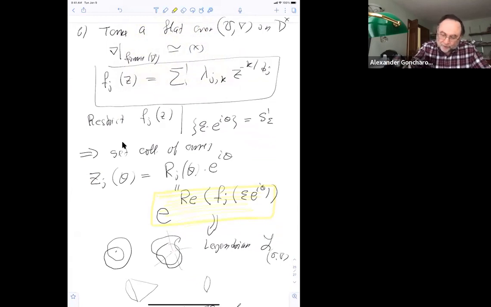So, once again, you have a circle. This circle is at distance epsilon from 0. Then you have your Laurent series given this way. It's actually a Laurent polynomial because only negative powers of z are important. There are finitely many of them. Positive powers are not needed for these considerations.